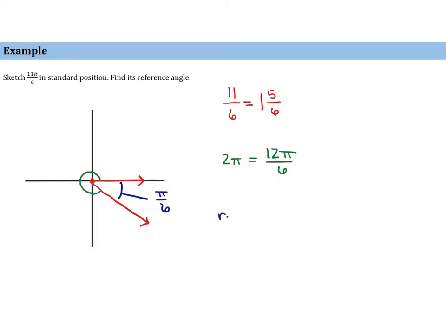So the reference angle is pi over 6. Now as we deal with radians more and more, you'll see that radians are much easier to find reference angles for. So here, the 11 pi over 6 angle has a reference angle of pi over 6.